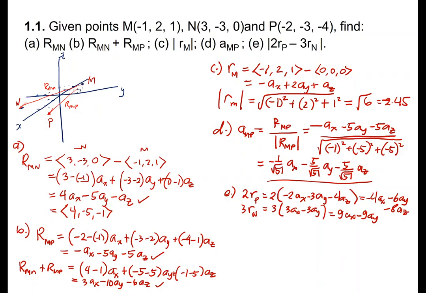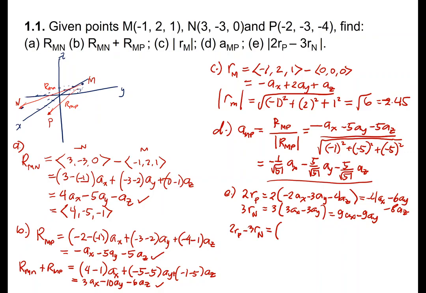So we did the multiplication first, and the next one is subtraction: 2RP minus 3RN. We subtract only with respect to their axes.